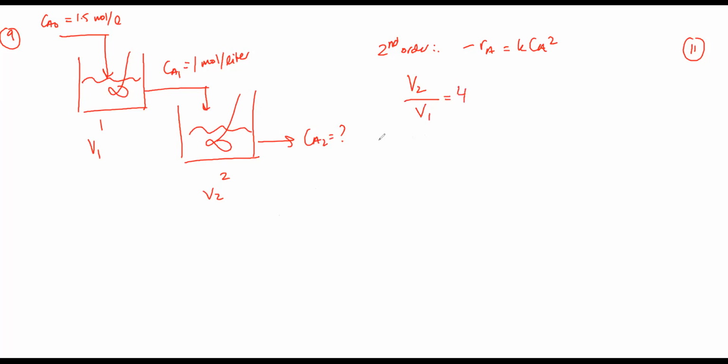Let's write the performance equation for the CSTR, because they're CSTRs. This will be our starting point: V divided by FA note, which is tau over CA note, is equal to XA over minus RA.